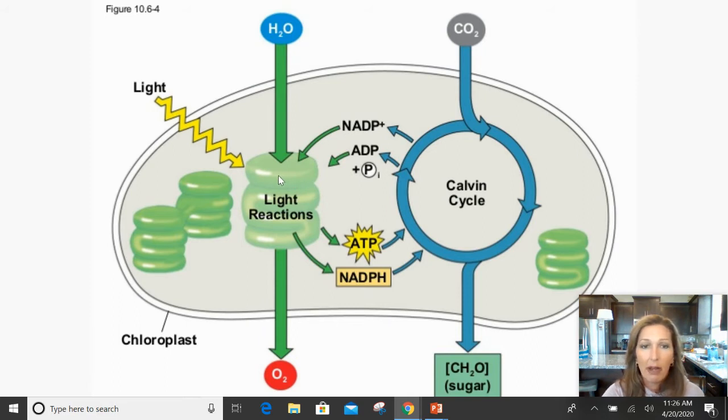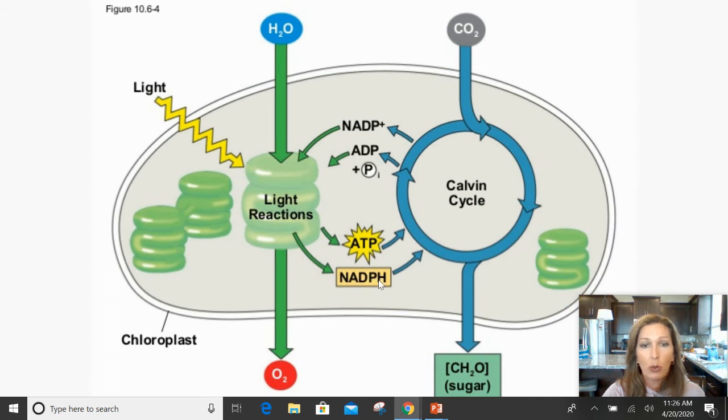We'll talk more about photosystem 2 and photosystem 1 in capturing that light and transferring it to electrons for electron transport. Now, the light reaction's job is to convert energy from light into the stored chemical energy of ATP and NADPH. The ATP that's produced here is through chemiosmosis, through ATP synthase.